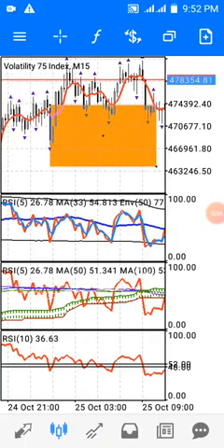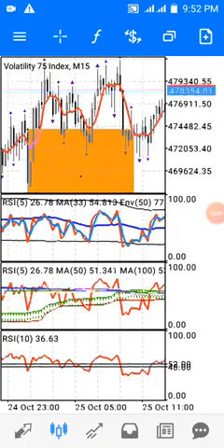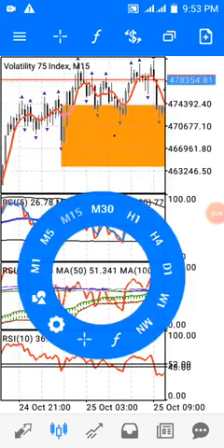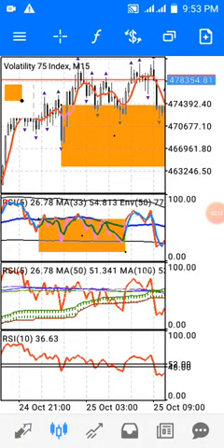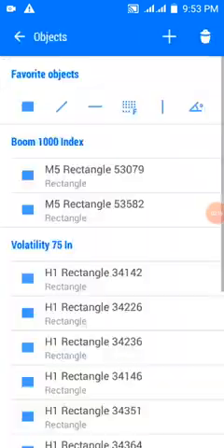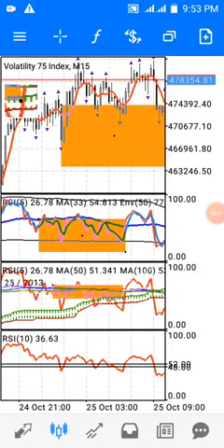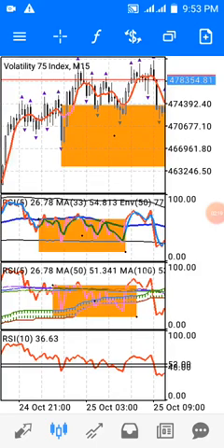Okay, we have indicator window 1. We have indicator window 2. And then we have the additional indicator window, which is indicator window 3.